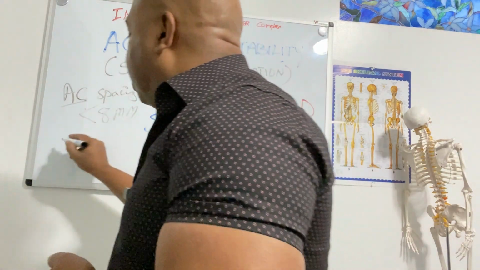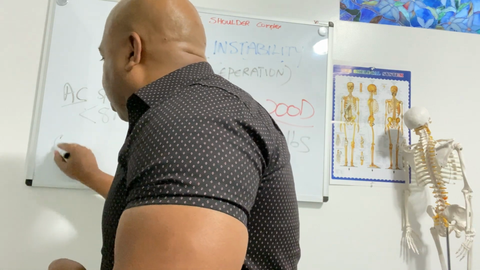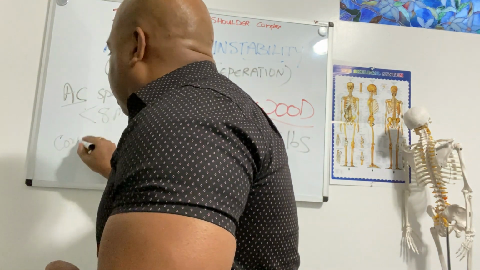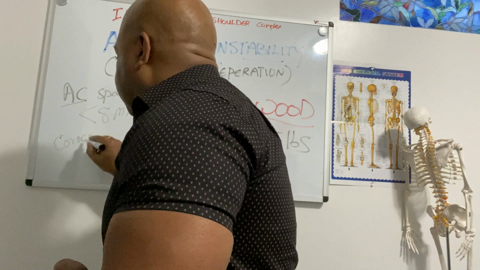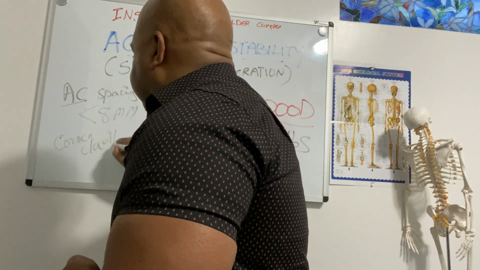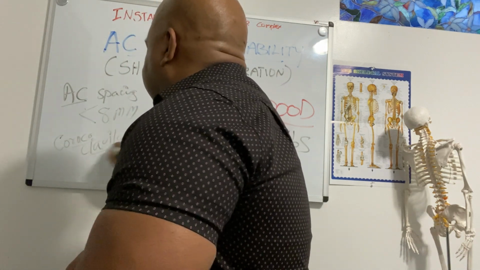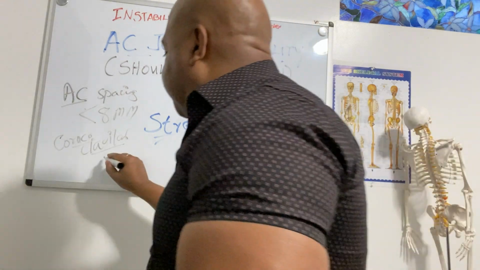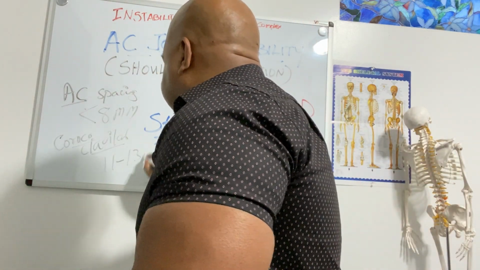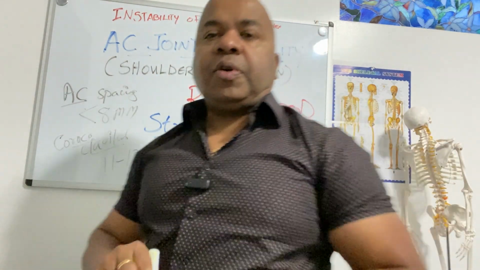And when you think about the coracoclavicular spacing, the coracoclavicular spacing is between 11 to 13 millimeters.